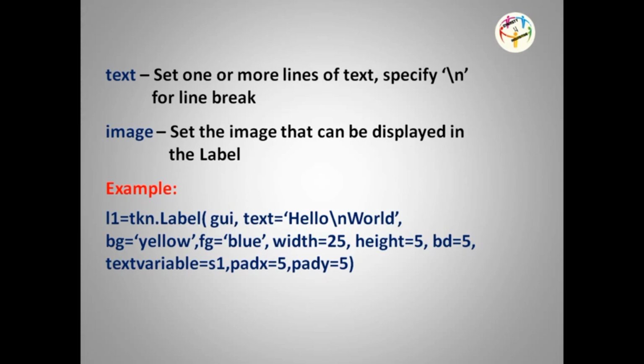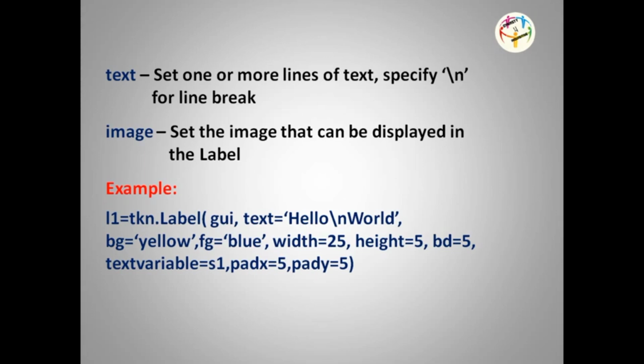Then BG equal to yellow, means background color. FG equal to blue, means foreground color. Total width is 25 characters. Height is 5 lines. BD means border equal to 5, and here we are specifying text variable equal to S1. Pad X and pad Y both are of 5.